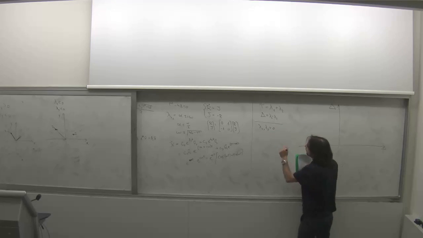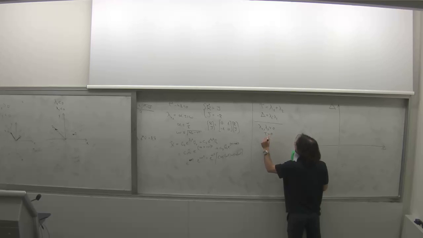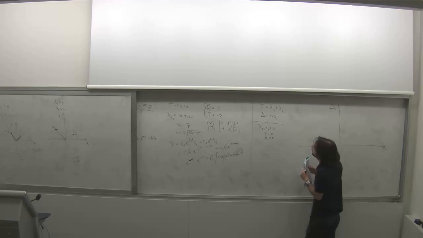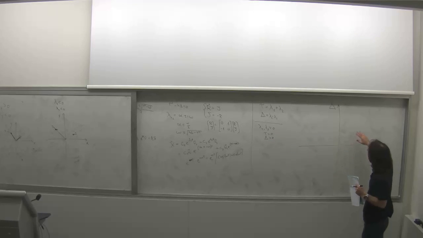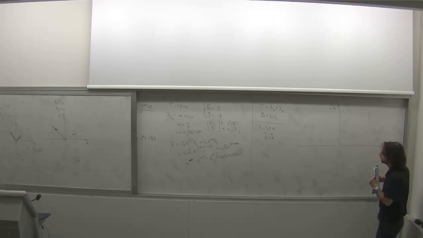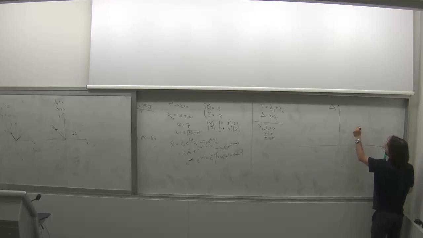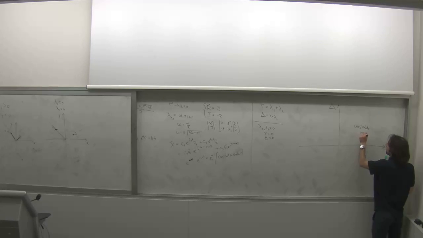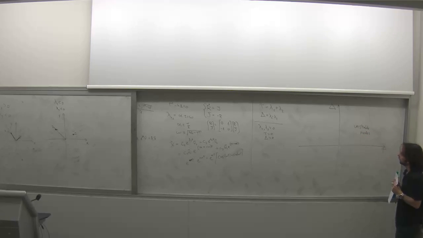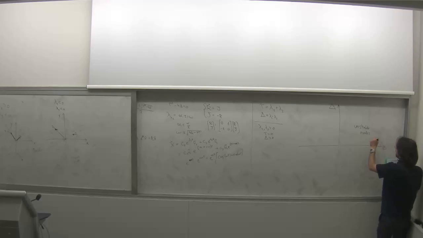So this corresponds to both tau and delta being positive. Right? This quadrant. So we have unstable points, unstable nodes, you could say. And I can make a little drawing where everything goes out of the fixed point.